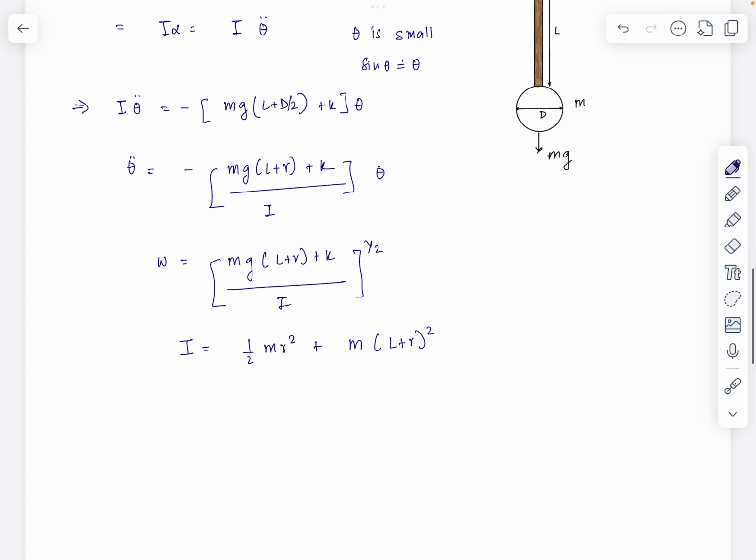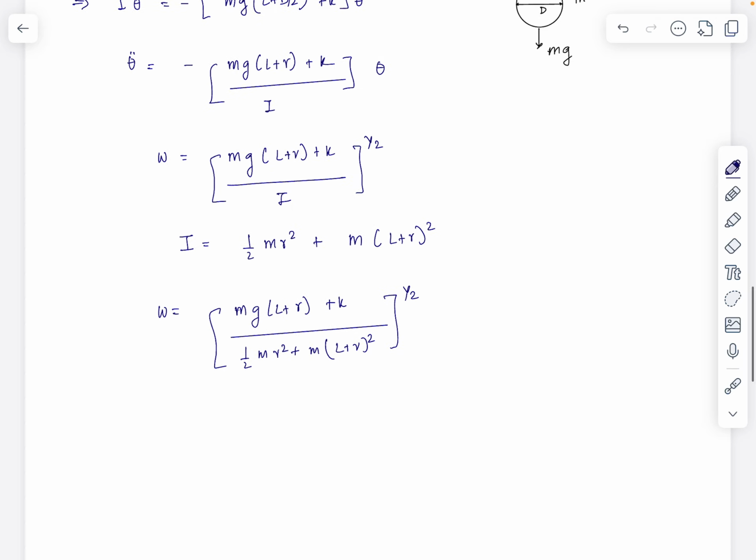So if we combine all the terms, we get omega equals ((mg (L plus r) plus k) divided by (half m r squared plus m (L plus r) squared)), raised to the power of half.